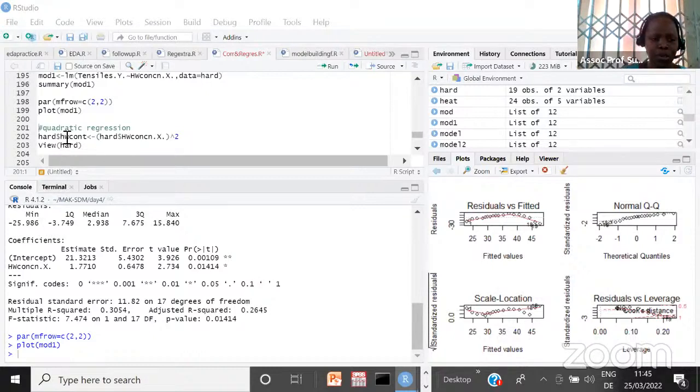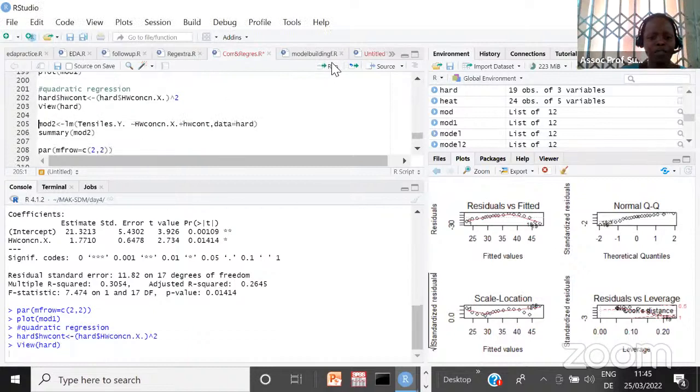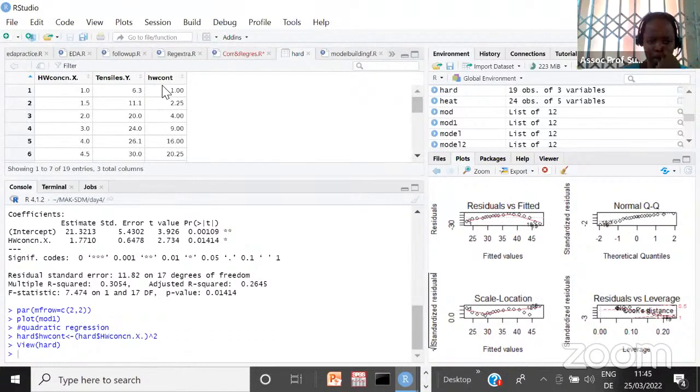That is line 202. So let's view our data. We've formulated a new variable, hardwood con, which is when you square 1, you get 1. When you square 1.5, you get 2.25. So we've introduced a quadratic term onto the hardwood concentration.